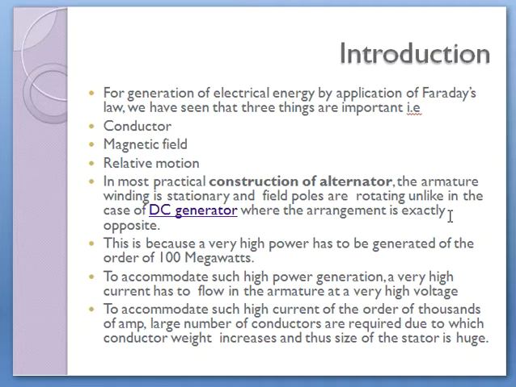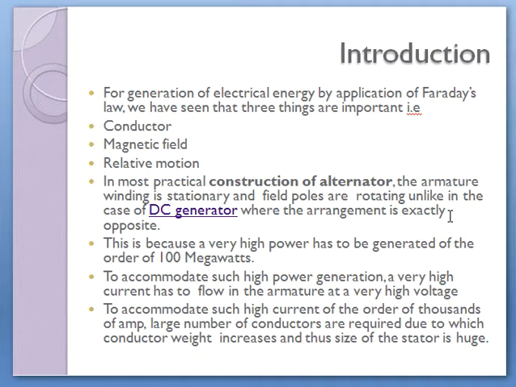In most practical construction of alternators, the armature winding is stationary and field poles are rotating, unlike in case of DC generators where the armature is rotating and the field is stationary. This is because a very high power has to be generated, of the order of hundreds of megawatts.